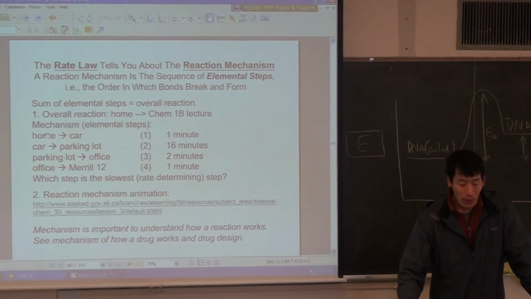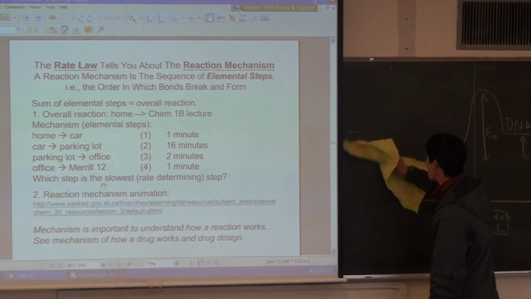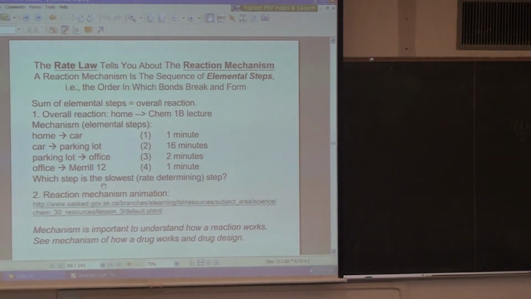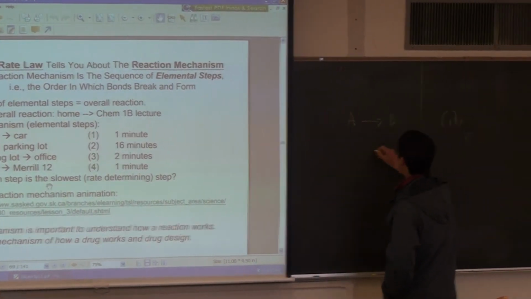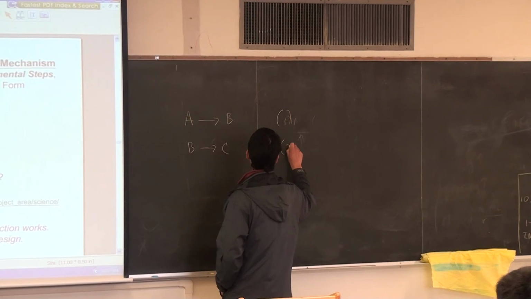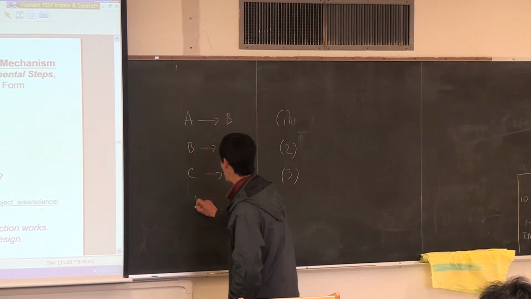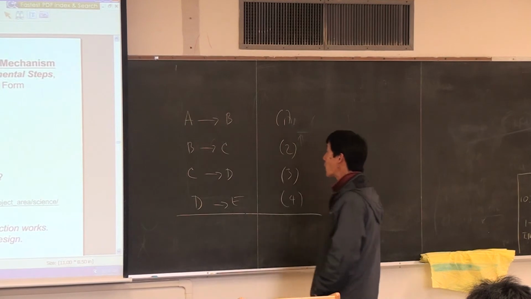Okay, so you add equations 1, 2, 3, and 4. Let me write it this way, just to make it more general. In step 1, we have A going to B. In step 2, B going to C. In step 3, C going to D. And in step 4, D going to E. We add all these up, what do we get?